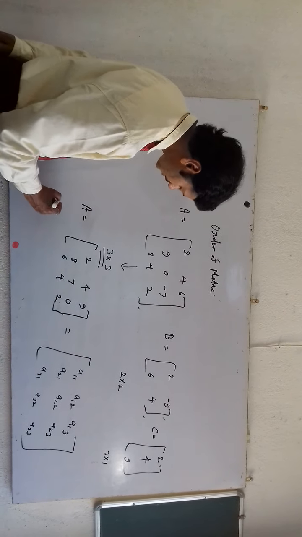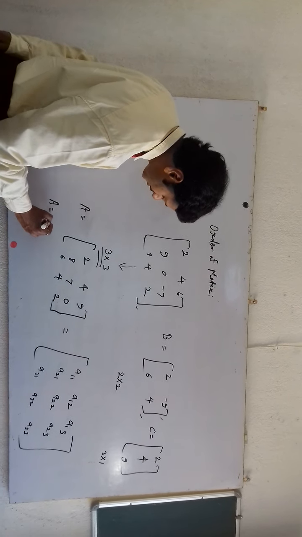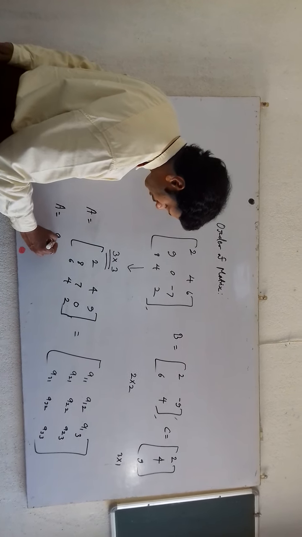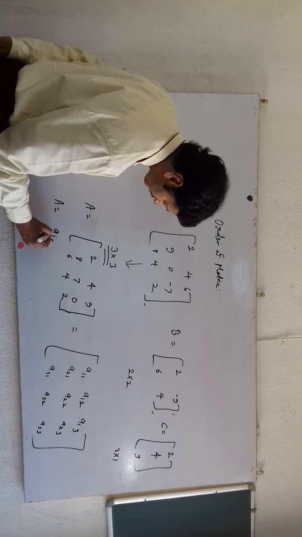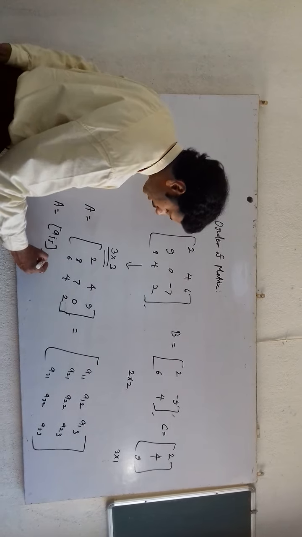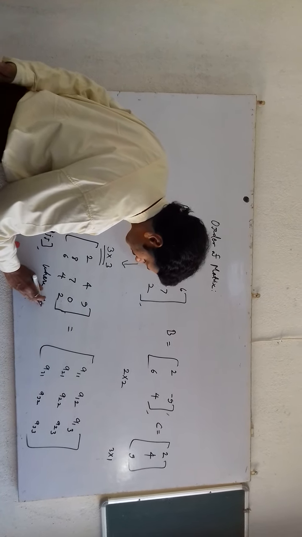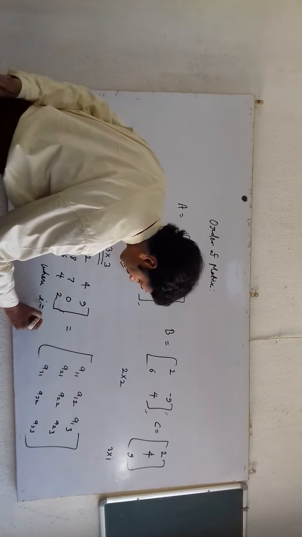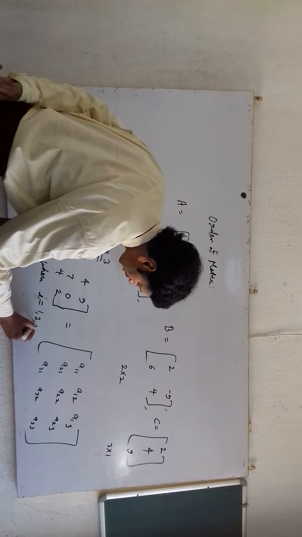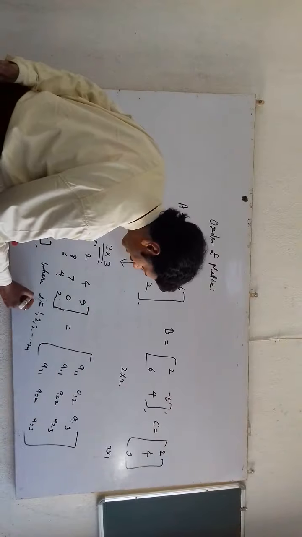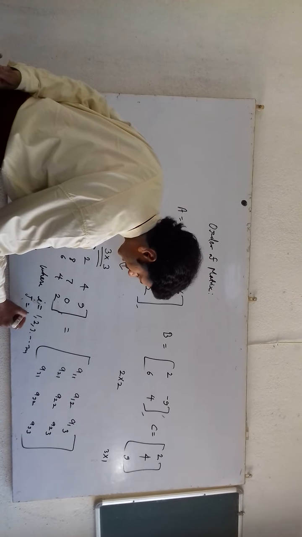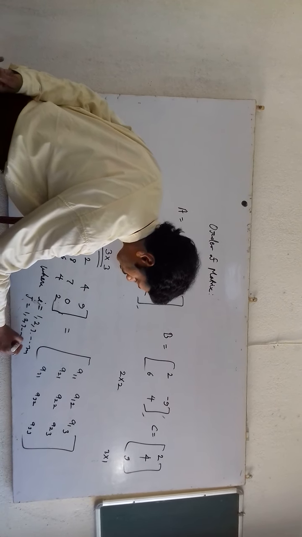So the simple form can also be written as any particular element a i j, where i can be any number 1, 2, 3 up to m, and j can be 1, 2, 3 up to n.